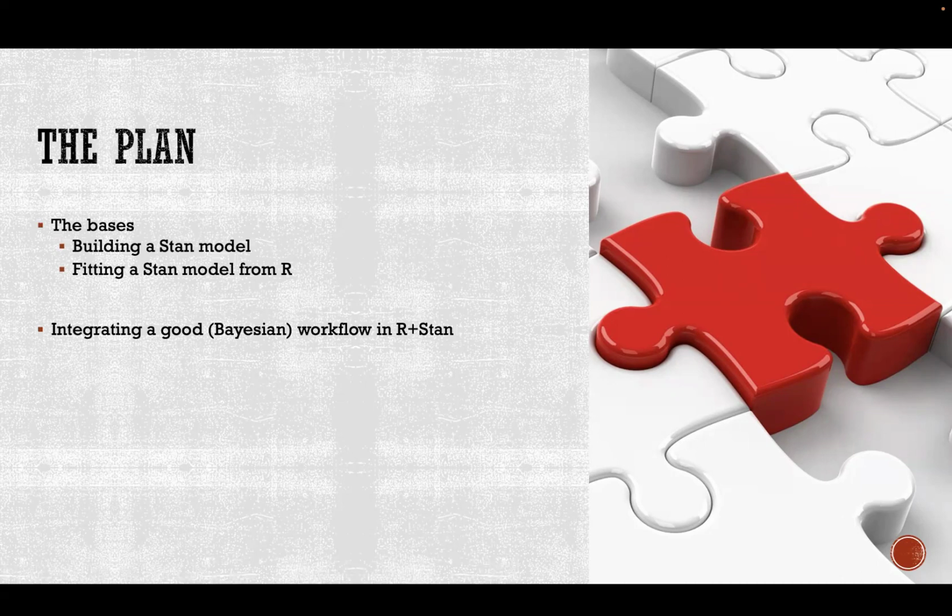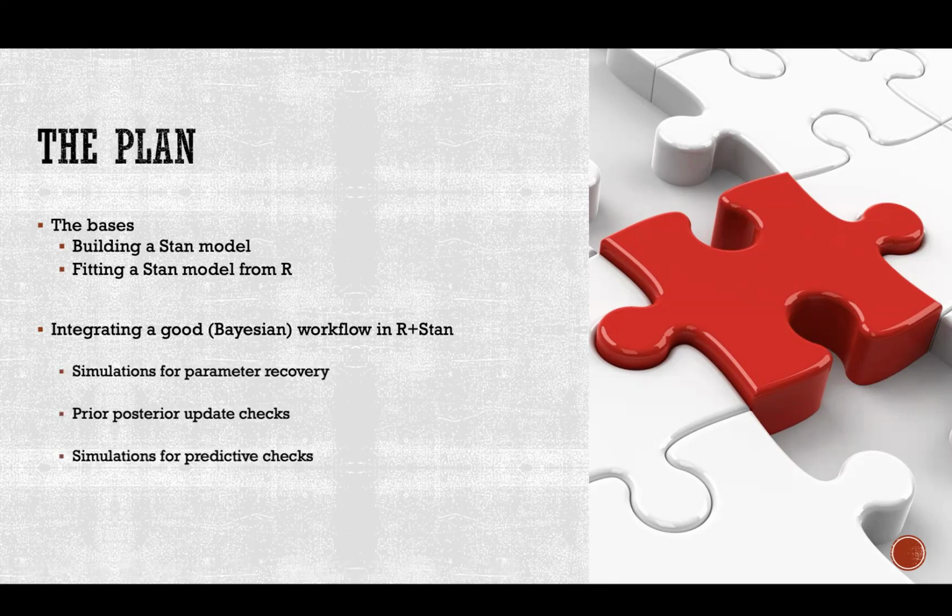They can fit data that is generated by those underlying mechanisms, can reconstruct the right parameters, can identify mechanisms that are relevant, and so on and so forth. So we will do simulations for parameter recovery, prior posterior update checks, simulations for predictive checks, and simulations for prior sensitivity checks. So how do we ensure what is the impact of the choices that we make?